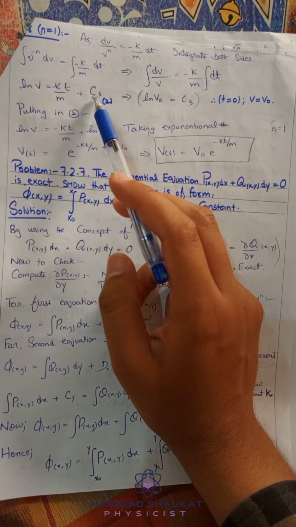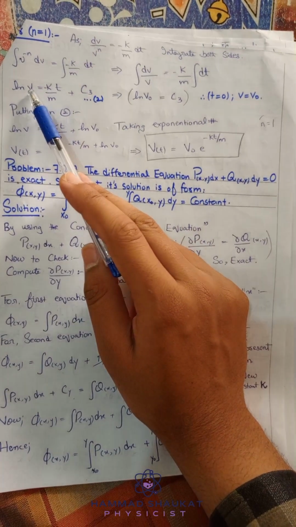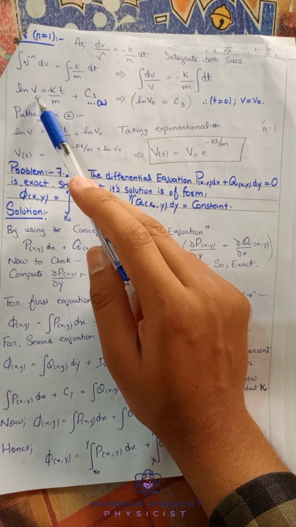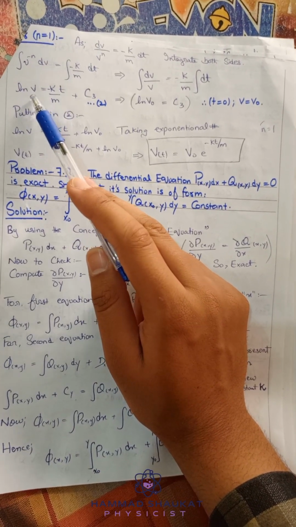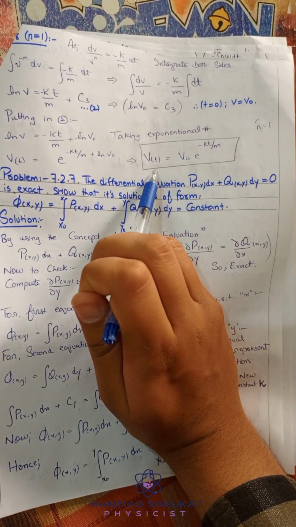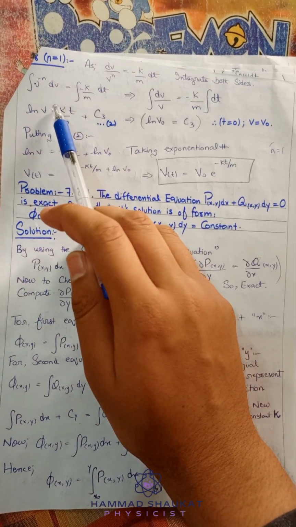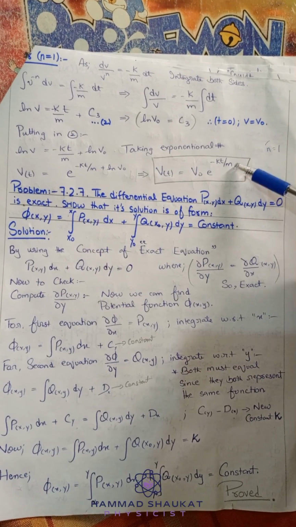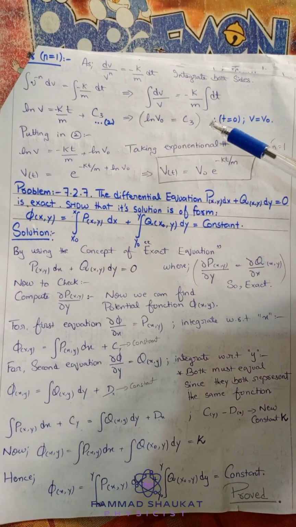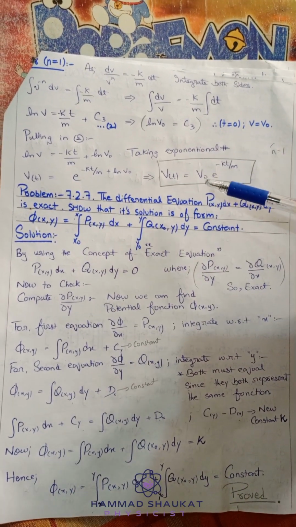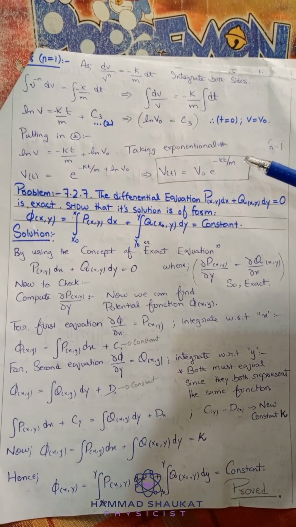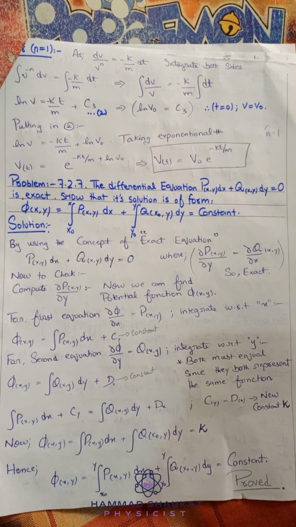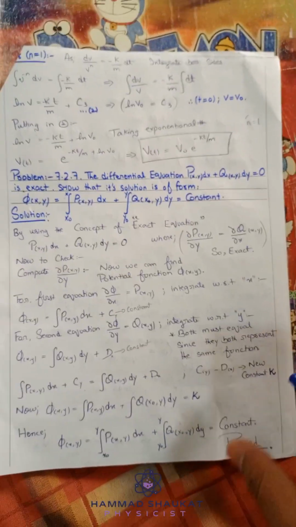Okay, so to remove the ln you have to take the exponential. The exponential cancels with ln, it becomes only v here, and the -k/m t goes up to the power of the exponential, and this constant after putting the value at t = 0 becomes v0, similar to what we did before. So this is your simple problem.